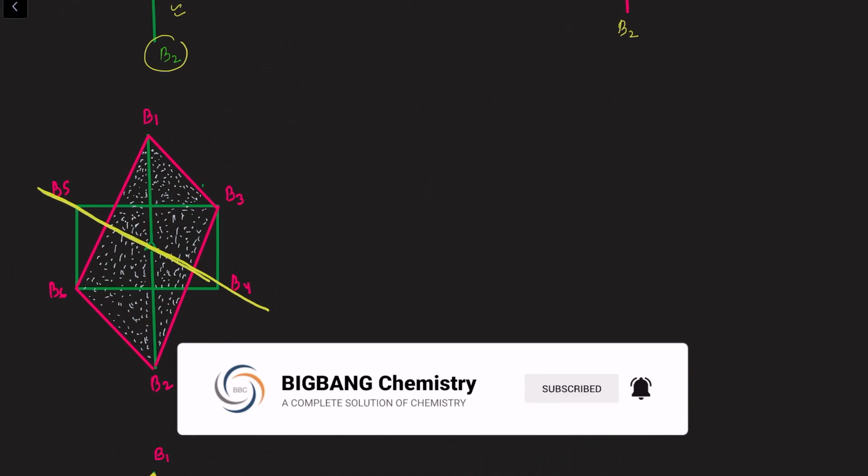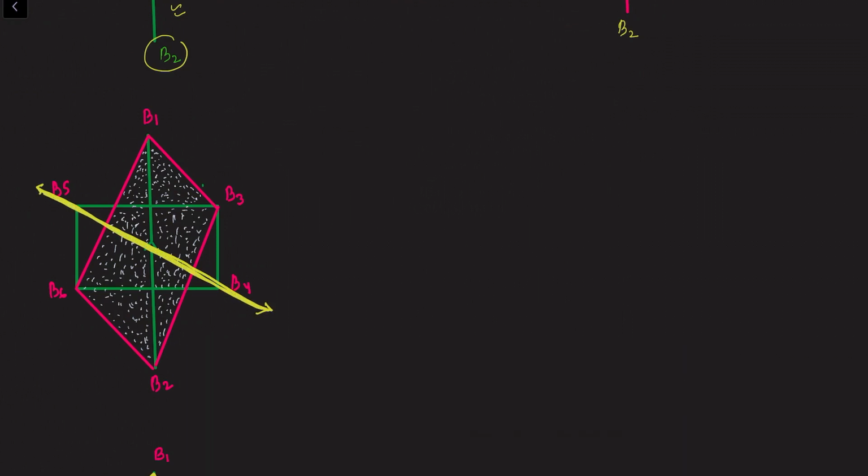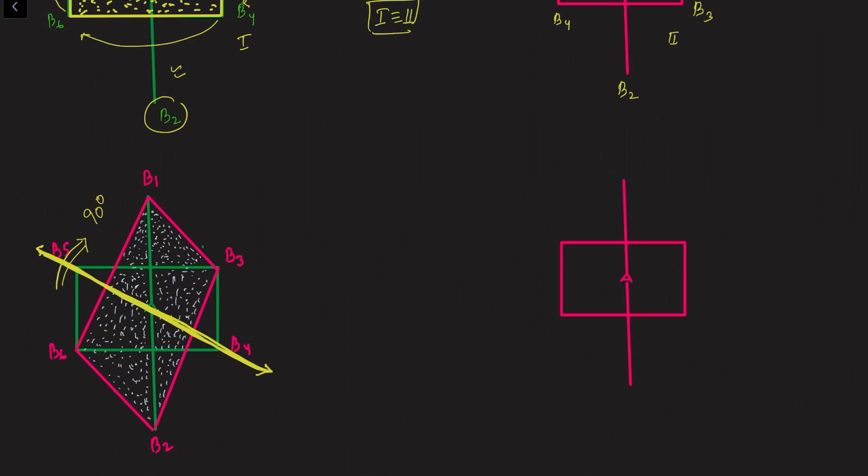This is your next C4 axis. Now rotate this molecule in this direction at 90 degrees. So after this rotation, what will be the arrangement of this molecule? Let's check. When we rotate this molecule in this direction at 90 degrees, what is the new position of B atoms, right?